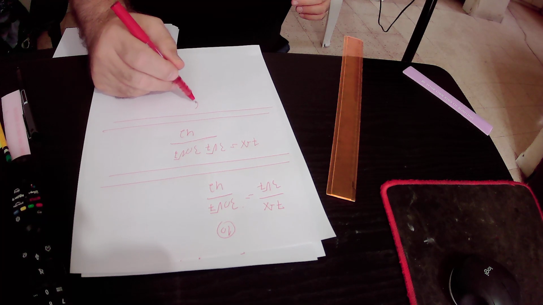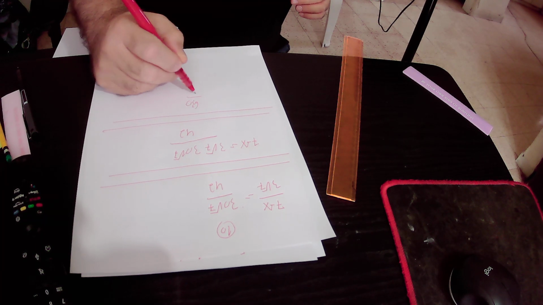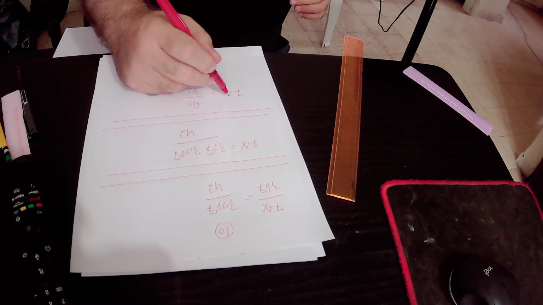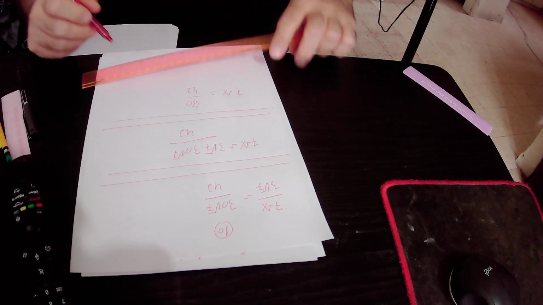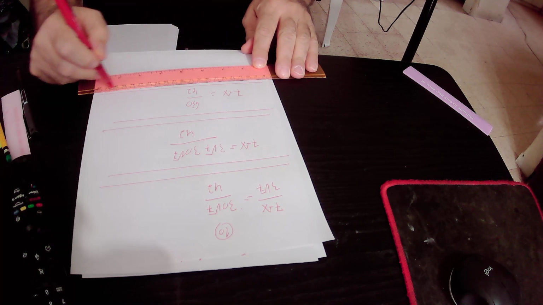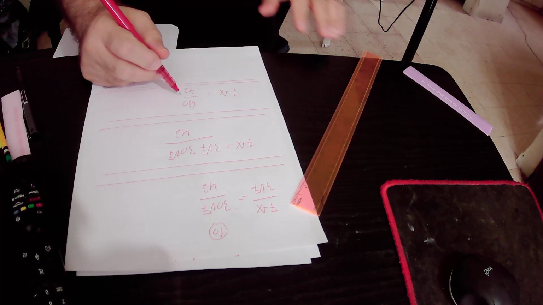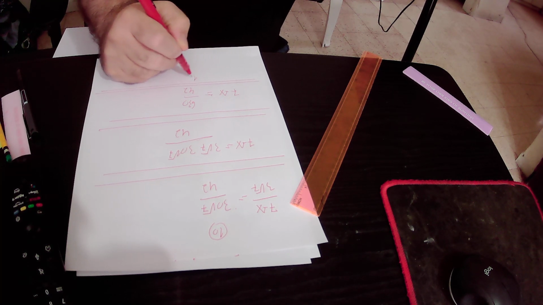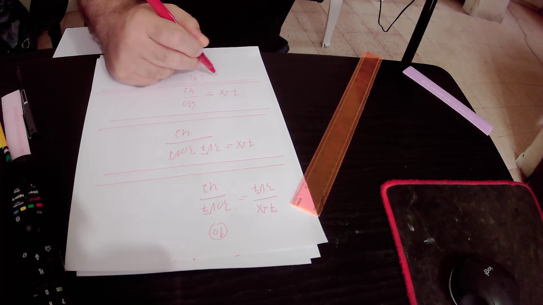So we have 630 over 42 equals 7 plus x. Okay? 630 over 42 is 15. So 15 equals 7 plus x.